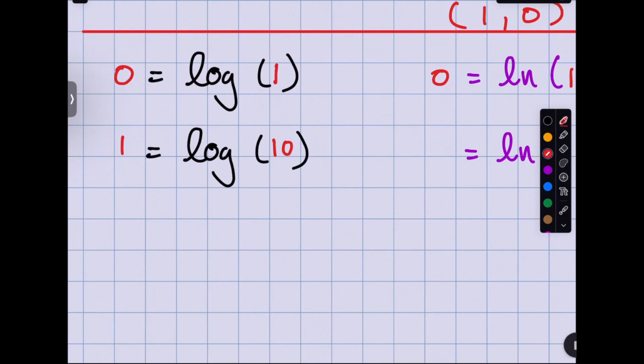What should your question to me be? Why 10? Why do you choose 10? Oh, because that's the common log, and the common log has a base of 10. Holy crap.